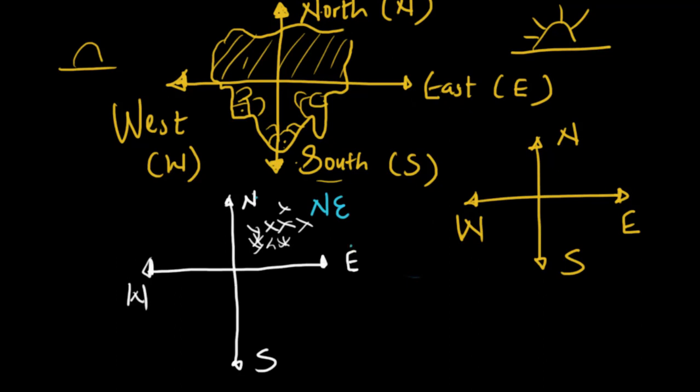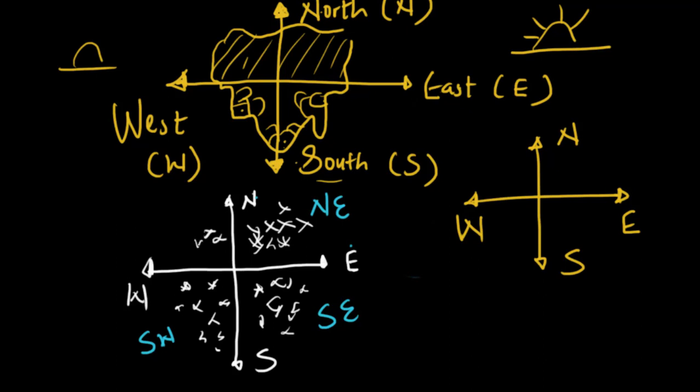Now there's another area here. This area here is called the southeast. Now we've got another area here. This area is called the southwest. And lastly, we've got an area here. Anything in this area is known as the northwest.